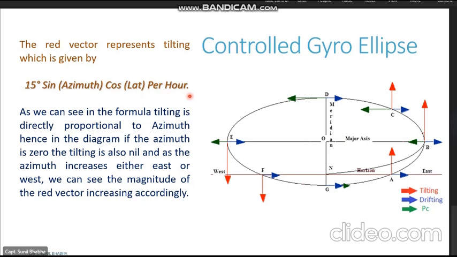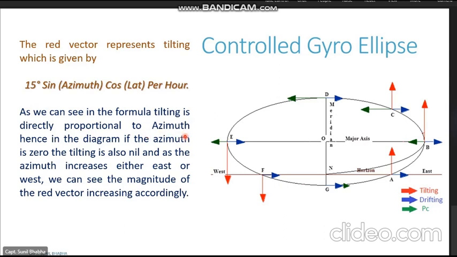As the observer is stationary right now, there is no change in the latitude of the observer, but the azimuth of the spin axis or the drift of the spin axis is changing. At different points, you will see the azimuth is changing. From this formula, we can see that the tilting is directly proportional to the azimuth of the gyrostar or the drift of the spin axis.